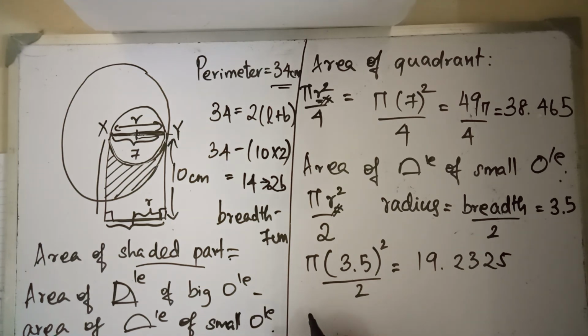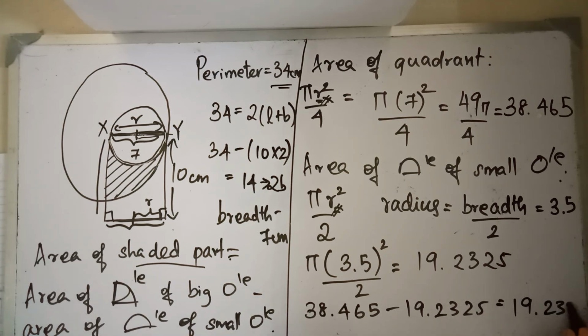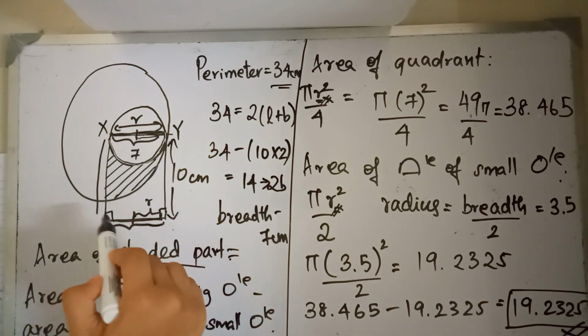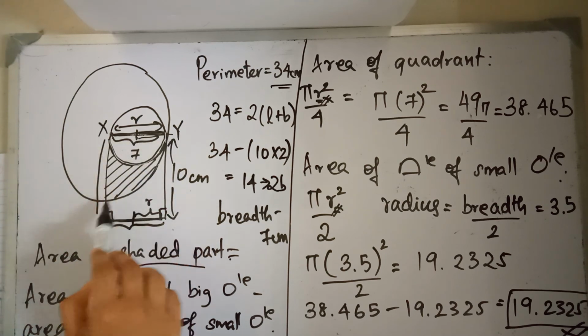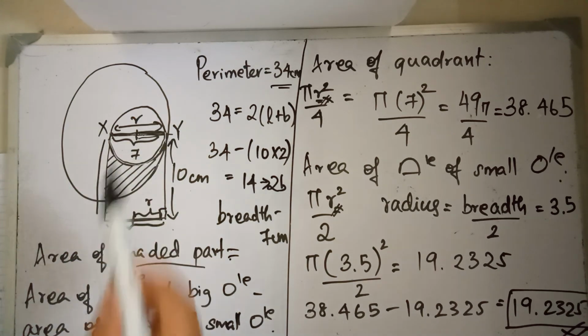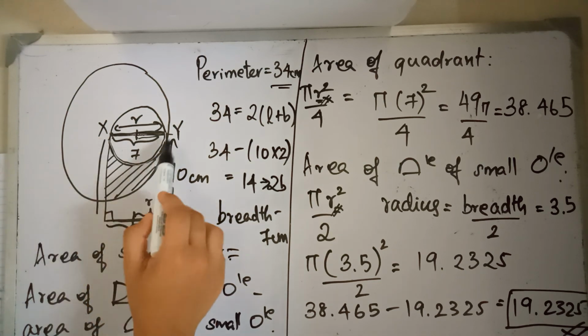So we take 38.465 minus 19.2325, and that will give you 19.2325. So the area of the shaded part is 19.2325. In a problem like this, to find the shaded part, most probably it will be the difference of two known geometrical figures. In this case, it's this quadrant minus this semicircle.